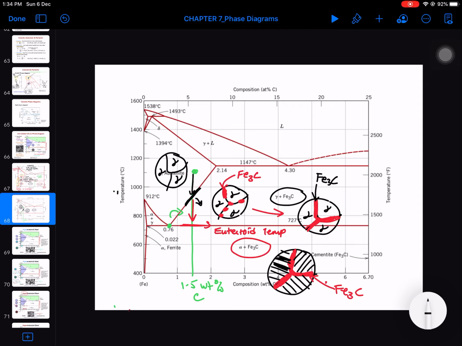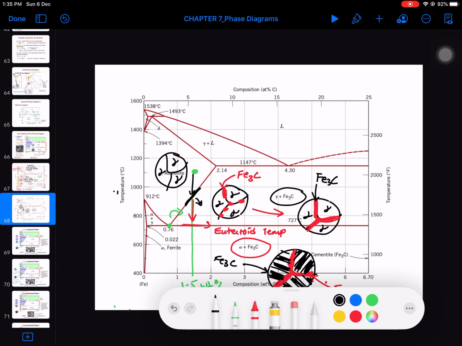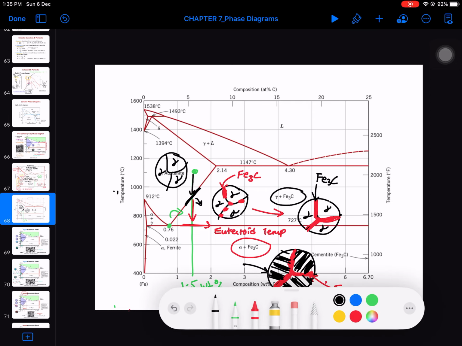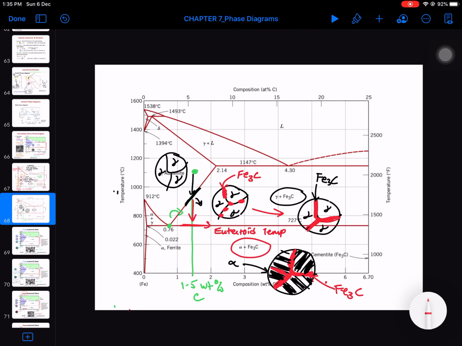Let's quickly add some colors to differentiate between the two. The black color one is the alpha ferrite, and then we can use red to represent the cementite.